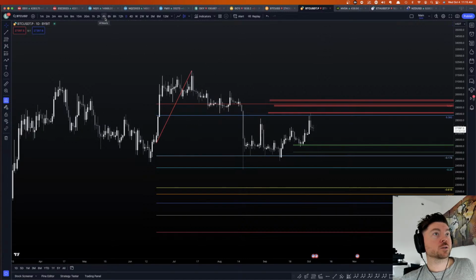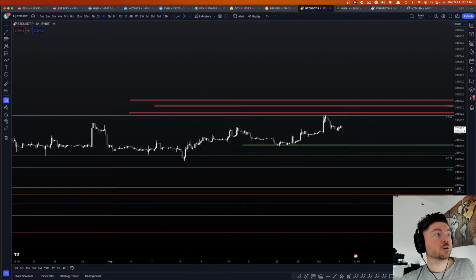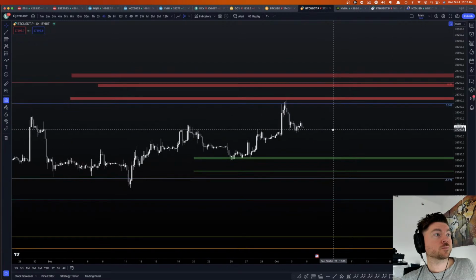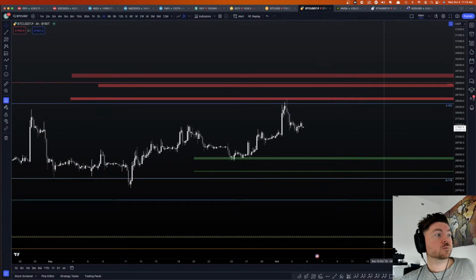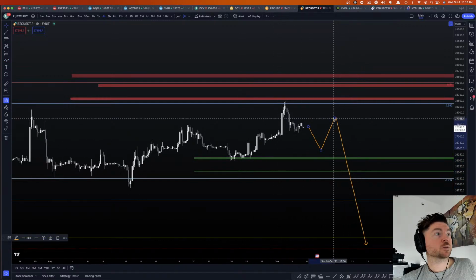There isn't any market structure broke on a daily or on a 4-hour yet. So maybe if it starts to take some of these and then comes back up, it's a possibility.